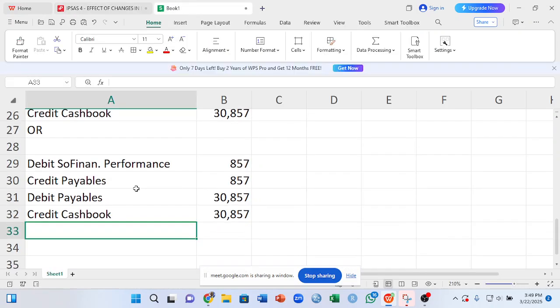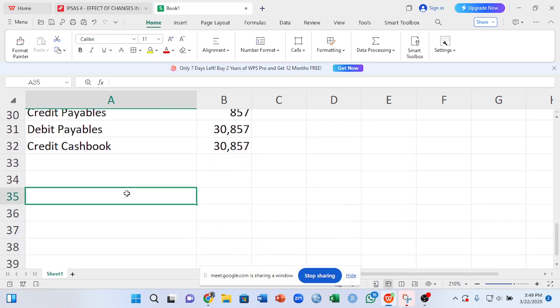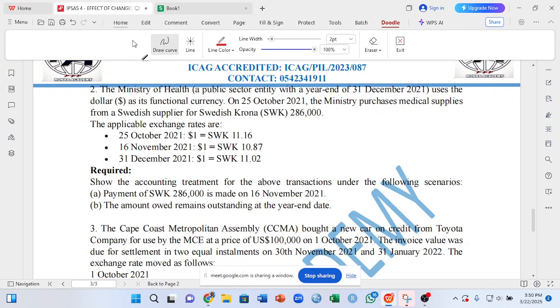So we'll go to question 2 here. First things first, always identify your functional currency and your foreign currency. So what's our functional currency in this case? The dollar, because here you were clearly told.